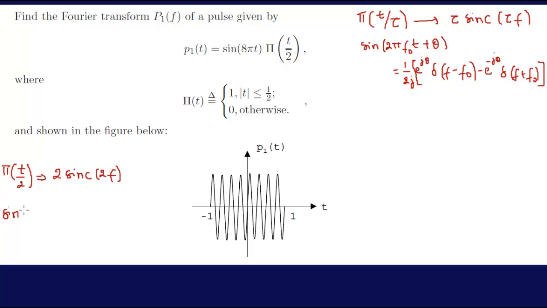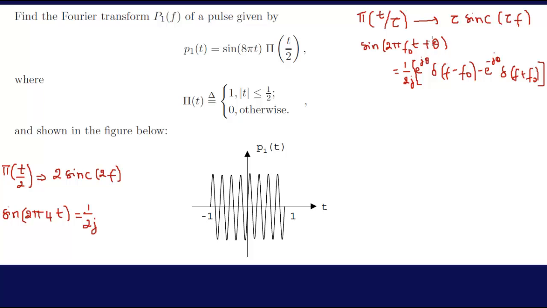So this is how it's written: 2 pi times 4, which will give me 8 pi, and then I have my t, so clearly f0 is 4. So this is equal to 1/2j. Now we don't have a theta here.